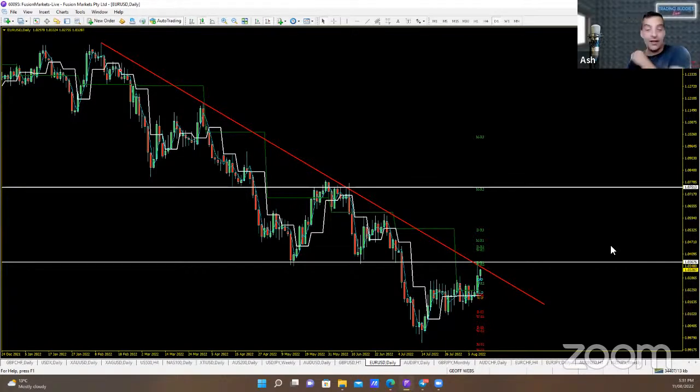Because as I say, the trend is still down with the euro dollar, and there's little to suggest that the fundamentals have shifted. It's just possible that the pricing of this asset has been overcooked, and they need to reprice it, and that might drive the euro dollar a little bit higher.